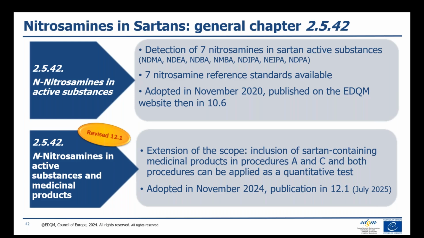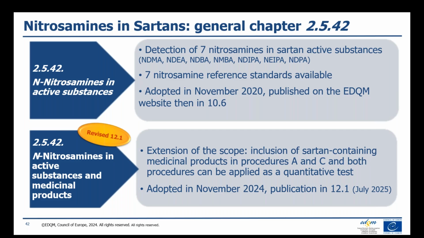This text was adopted in November 2020. As it was seen as really important, it was decided to publish this text just after the adoption on the EDQM website. And now it is available since supplement 10.6.